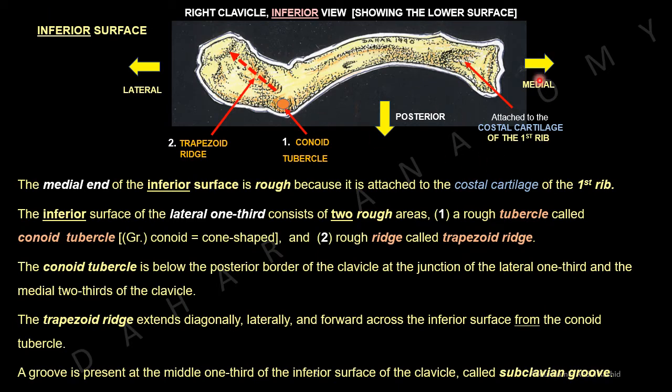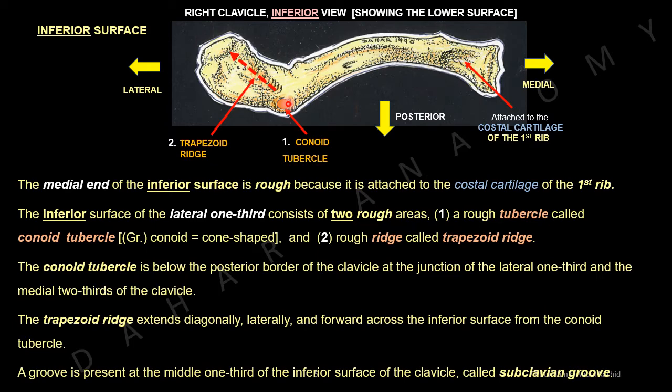Medial end of the inferior surface of the clavicle is rough because it is attached to the costal cartilage of the first rib, as we have already mentioned earlier. The inferior surface of the lateral 1/3 consists of two rough areas.